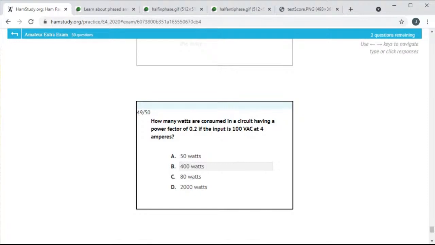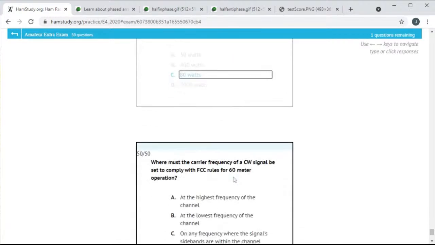Now the question is which way are we going with that? Are we dividing it or multiplying it? Let's look at my calculator just to see. So 400 watts times 0.2 is 80. 400 watts divided by 0.2 is 2000. So I'm going to go with 80. I think it's less.